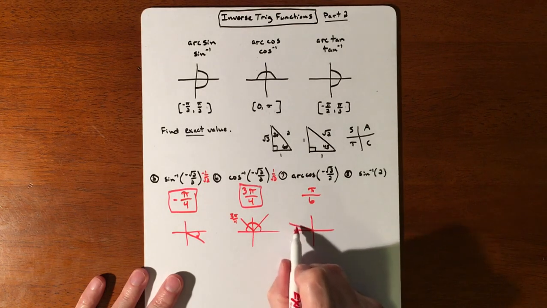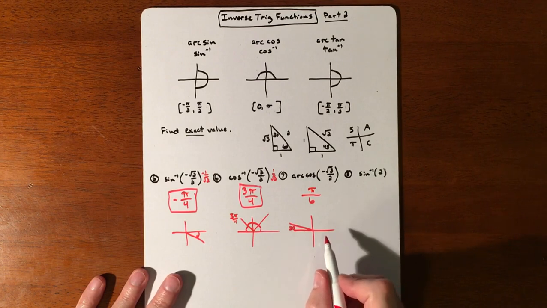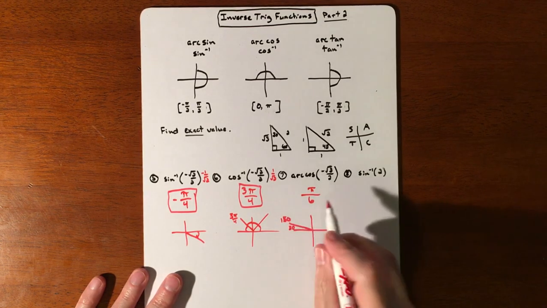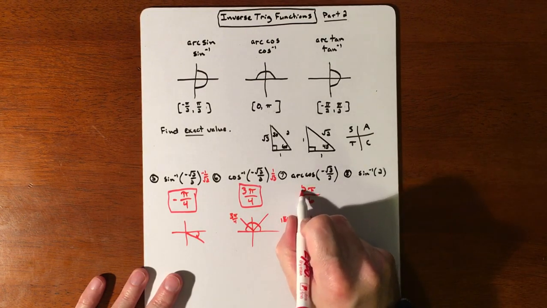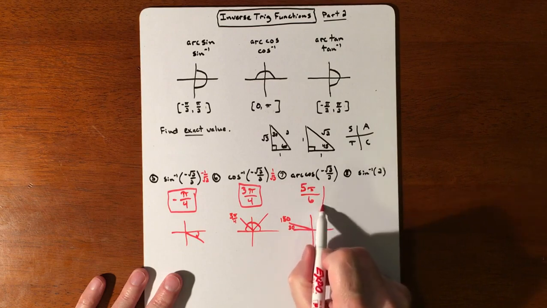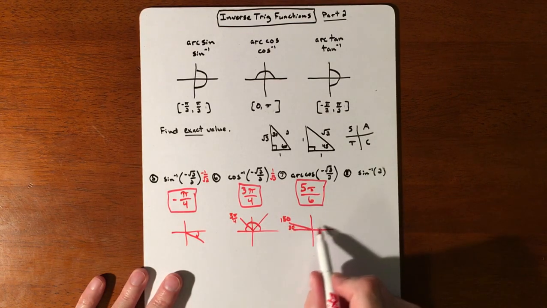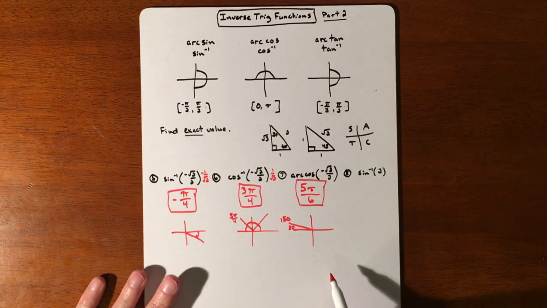If we're at a 30-degree reference angle over here, that is 150 degrees. And how many 30s does it take to get to 150? 5. So 5 pi over 6. And again, if we did the same thing here, we could count 1, 2, 3, 4, 5, if you wanted to draw it that way.